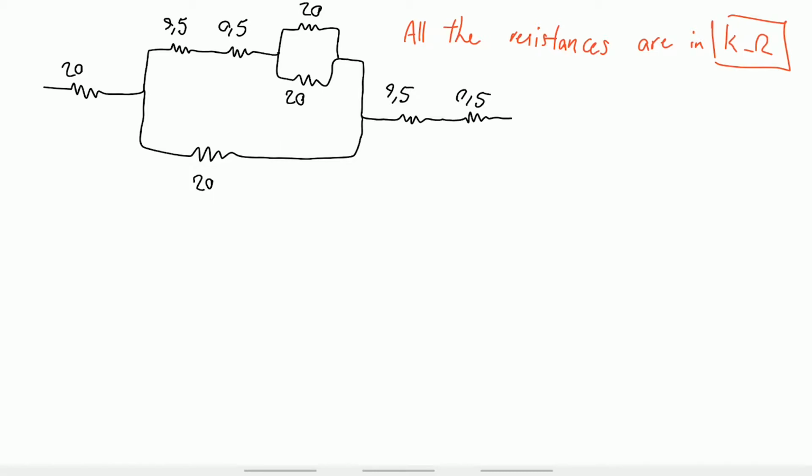Now if we want to calculate the total resistance of this part of the circuit in a faster way than the usual, we know that these 2 resistors are parallel, and the equivalent resistance is 10 kilo ohms. These 3 are in series form, so the equivalent resistance is, these 2 are 10, and this, the above, is 20 kilo ohms.